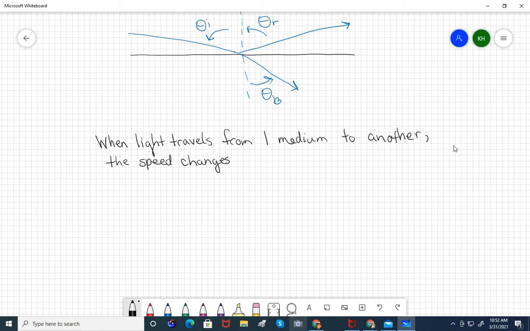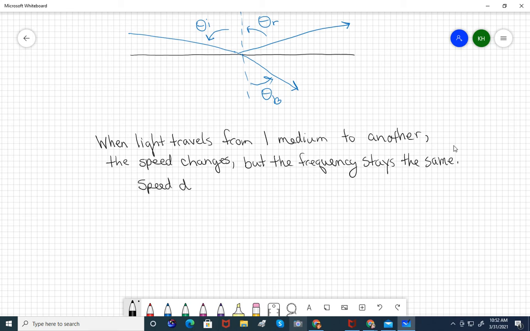The speed of a wave really just depends on the medium. But the frequency stays the same. That was true with mechanical waves.